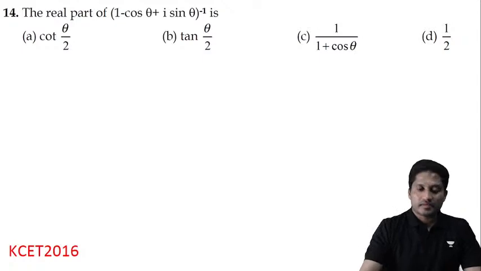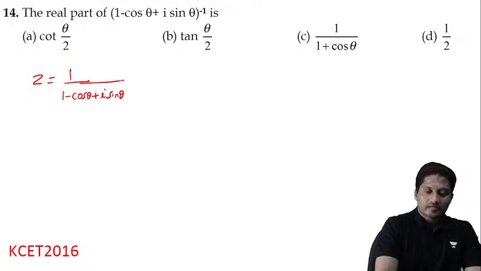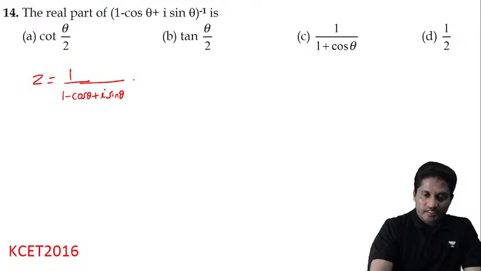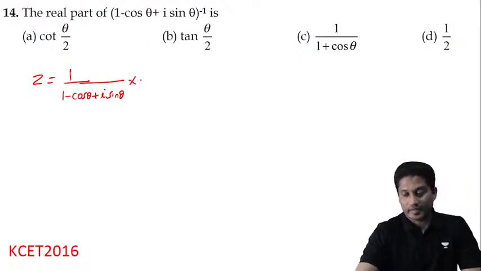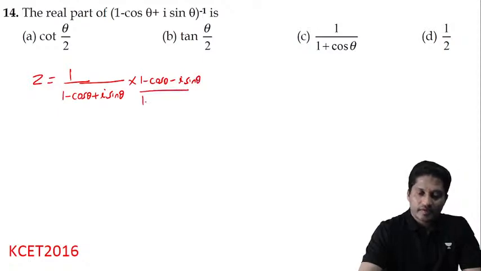Real part of this complex number: z is equal to 1 upon 1 minus cos theta plus i sin theta. Now, if I rationalize this, multiply and divide by its conjugate, 1 minus cos theta minus i sin theta, whole divided by 1 minus cos theta plus i sin theta.